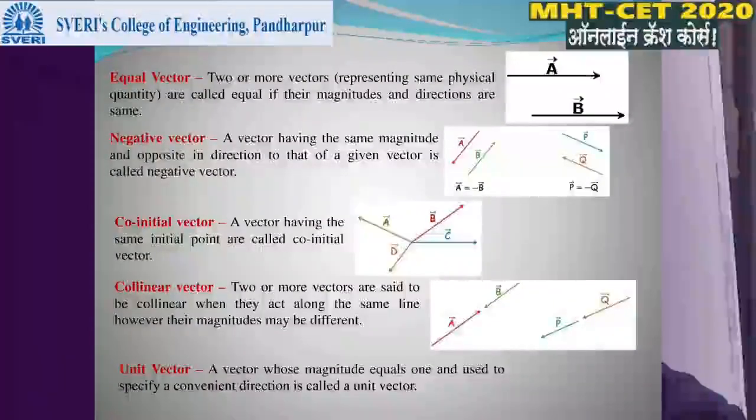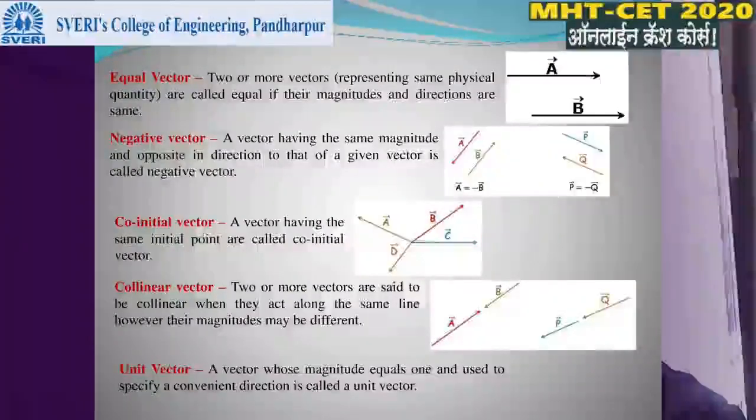Here a bar and b bar are the two vectors. These two vectors are opposite in direction. Then in negative vector we can represent a bar is equal to minus b bar. This is the best example of the negative vector.